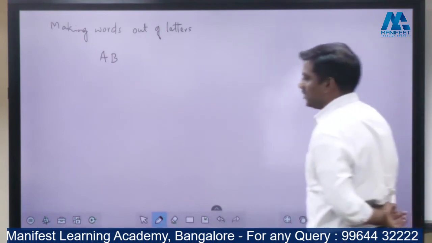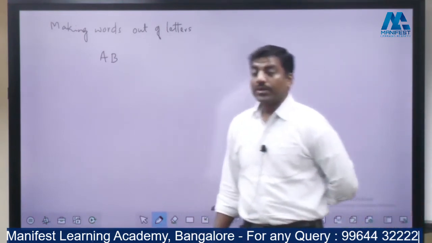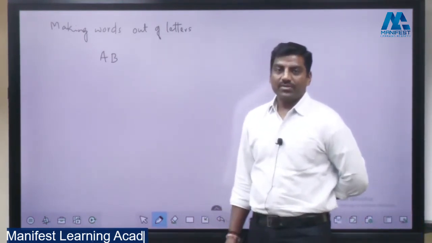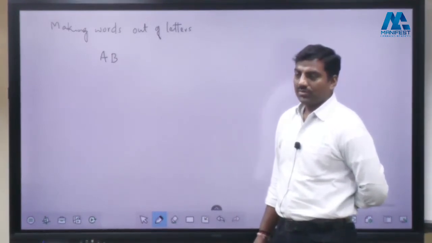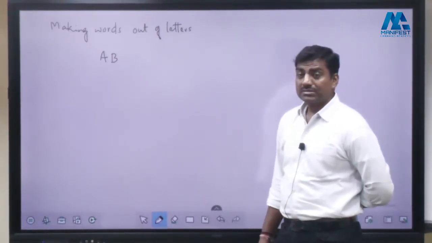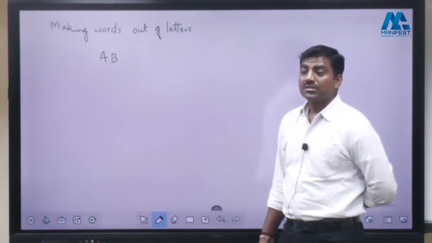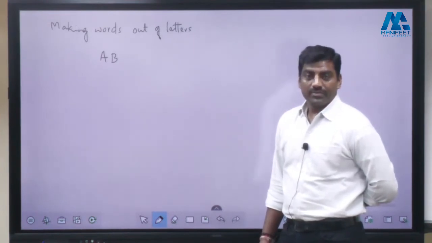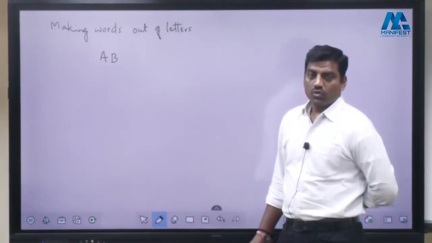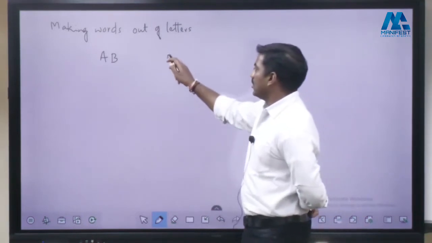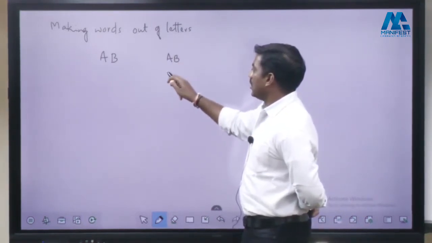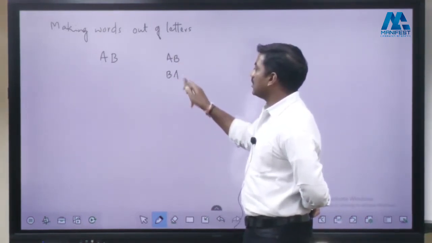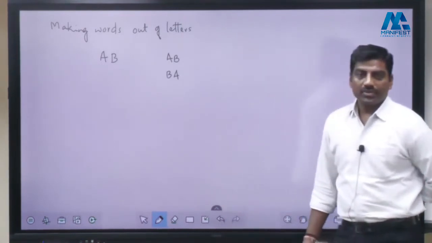So out of these two letters, how many words can be made, out of A and B, utilizing all of them? 2. One is AB, another one is BA, correct?